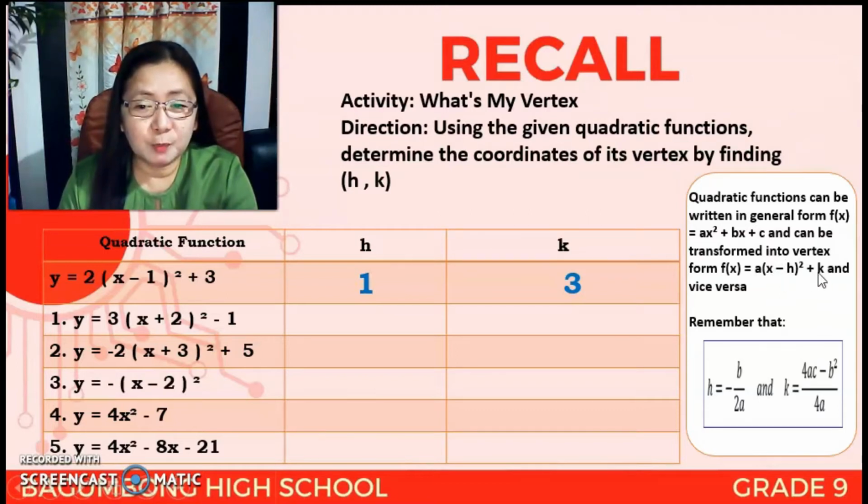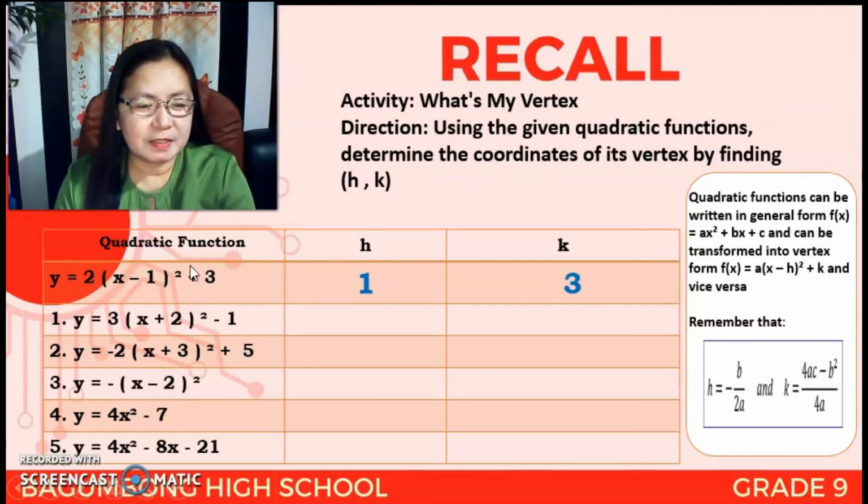And for the value of k, it is the constant term right after the binomial squared. For example, y is equal to 2 times the quantity x minus 1 squared plus 3. The value of h is the opposite of negative 1, which is positive 1. And this is the value of k.